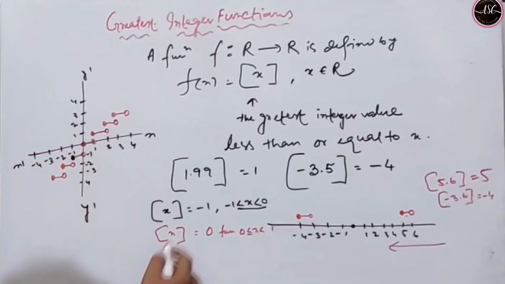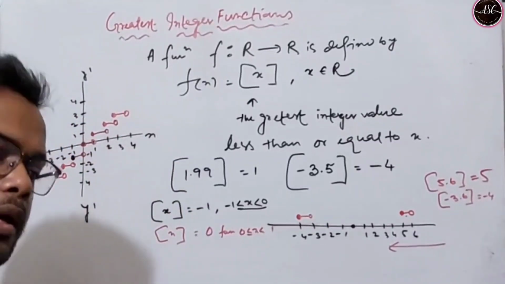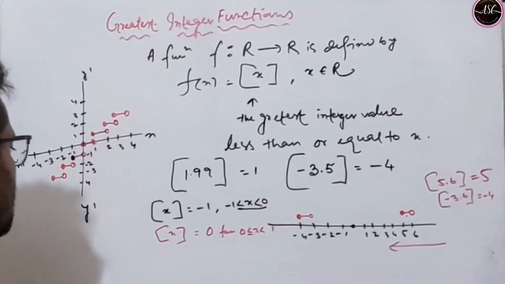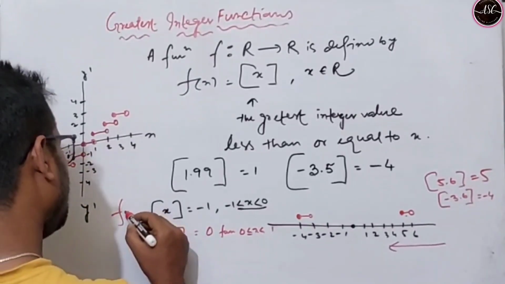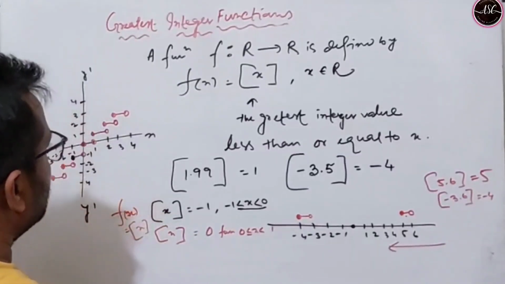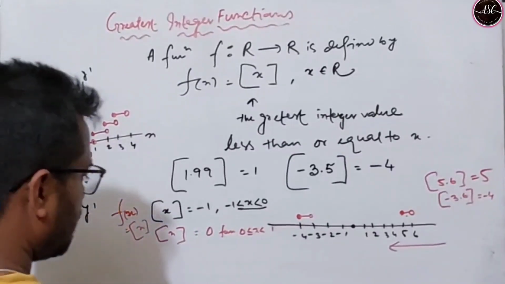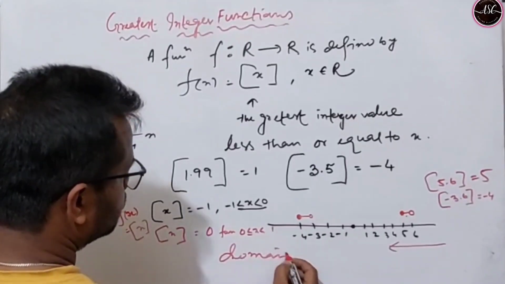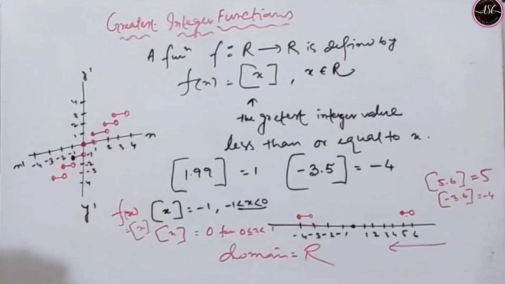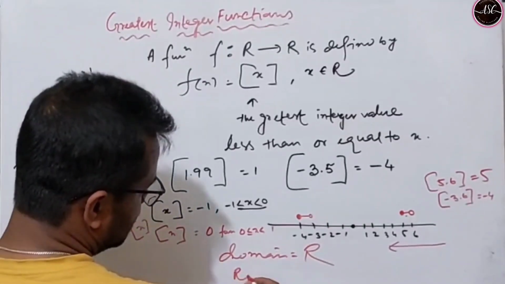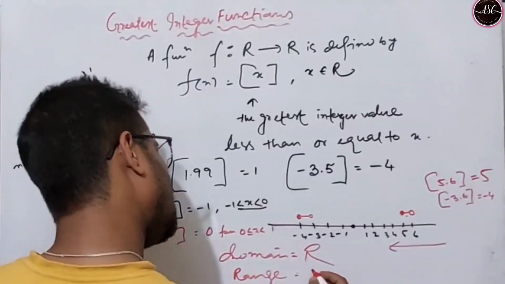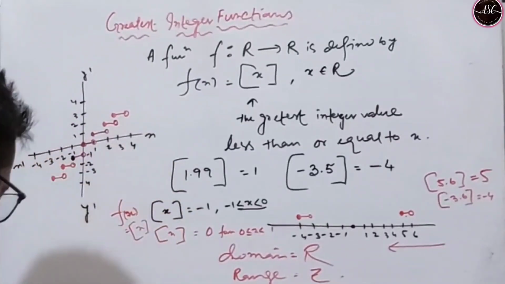This is the graph of [x], that means the greatest integer function f(x) equal to [x]. Then the domain will be R, that means the set of all real numbers, and the range will be all the integers, that means the set of all integers.